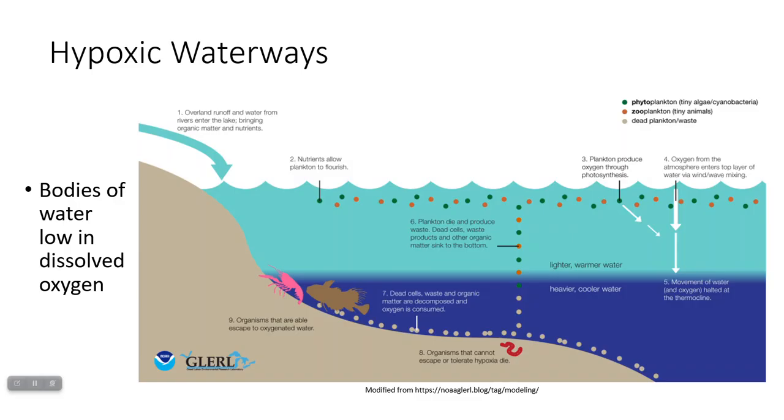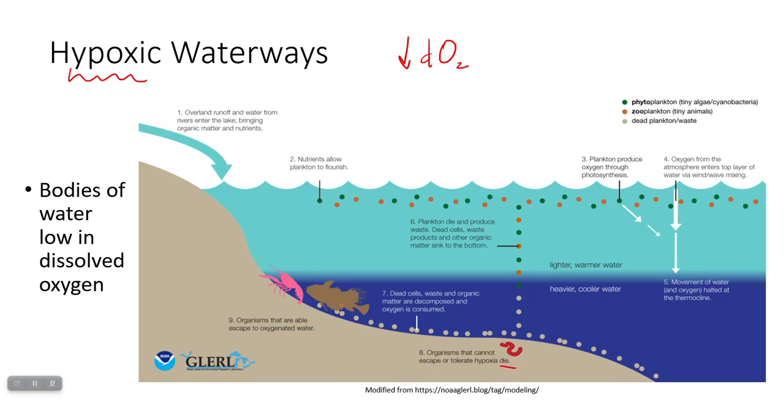So we have a term for an area that has very little dissolved oxygen. This is a hypoxic waterway. That literally means little or no dissolved oxygen in the water. That means that animals cannot live there, so organisms that cannot escape or tolerate the hypoxia die.